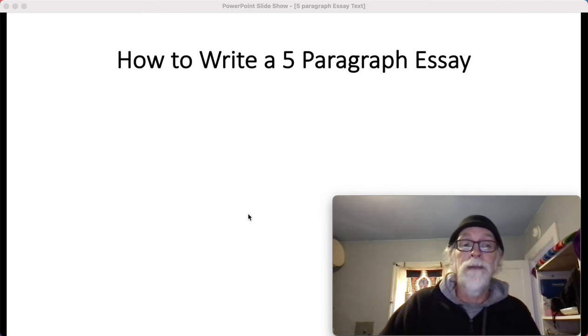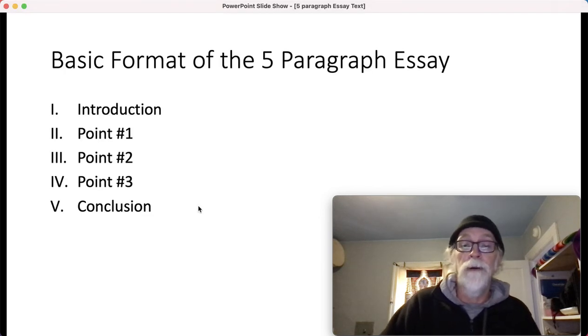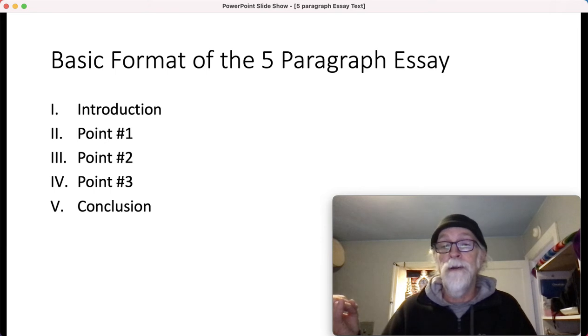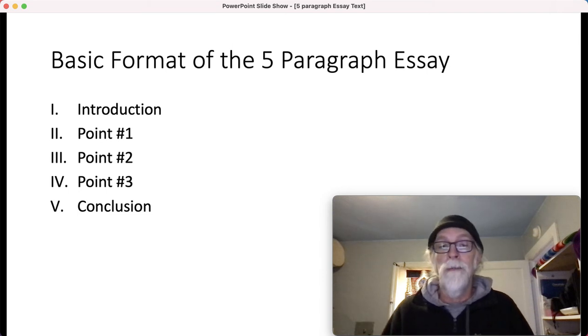So the basic structure for the 5 paragraph essay, I imagine we all know. It's an introduction, your evidence, and your conclusion. And it doesn't have to be 5 paragraphs.